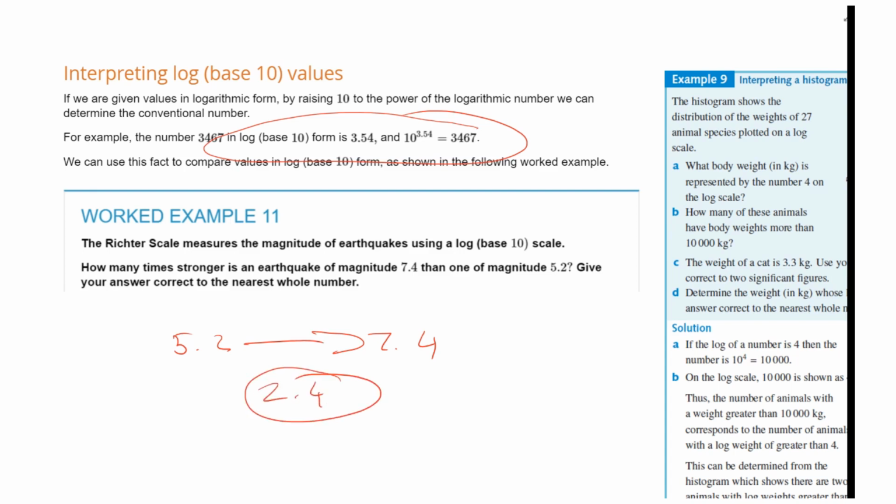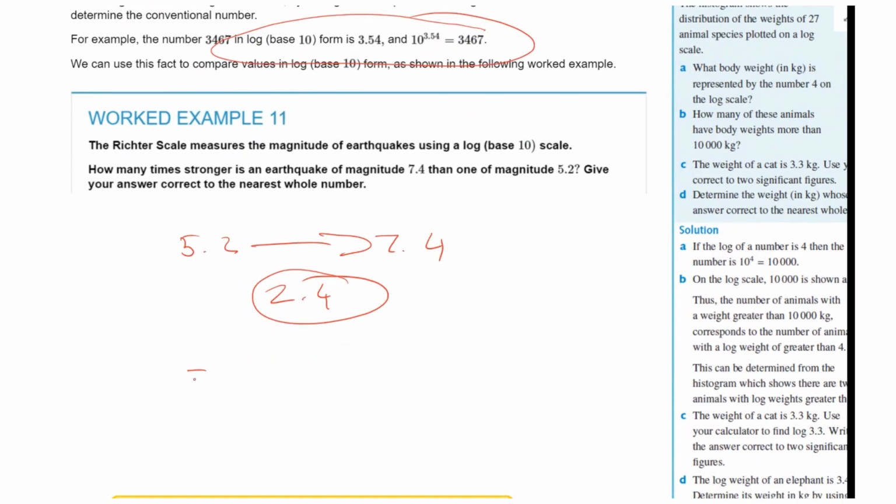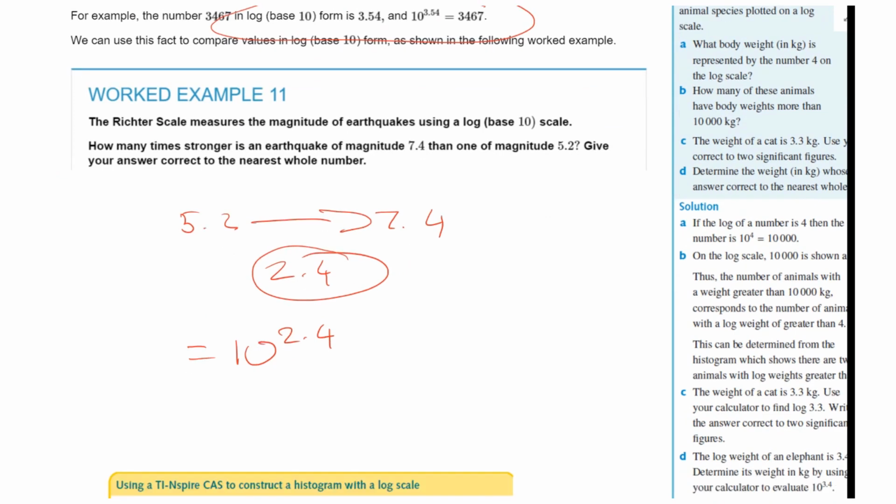2.4. Okay. So in terms of when we're looking at on the calculator, what we've got to do is go 10 to the 2.4. We know 10 to the 2 is going to be 100, so it's going to be between 100 and 1,000 times stronger.